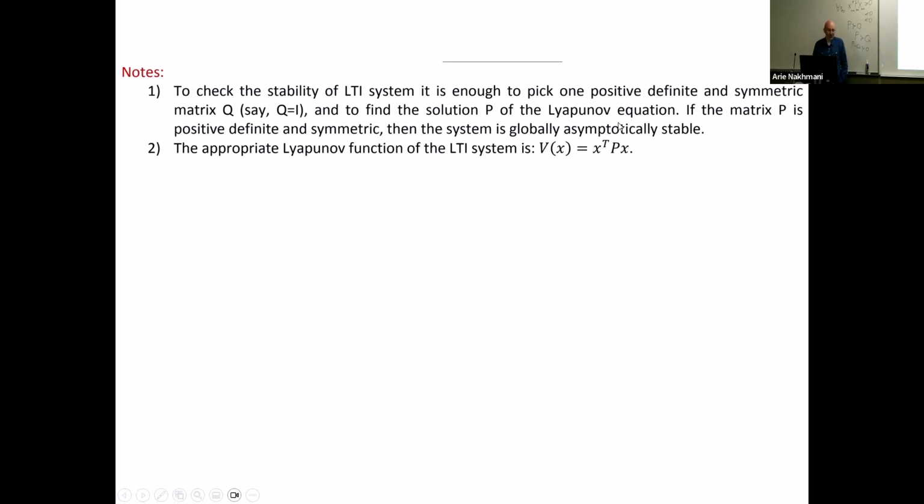Okay, but typical Lyapunov functions look something like that, or maybe some combinations of x's squared. This is a typical function.